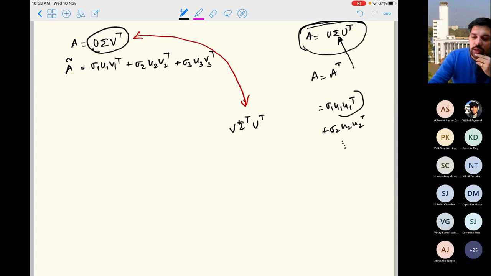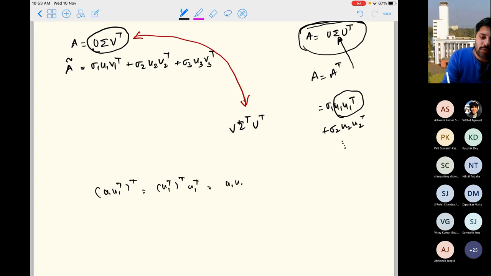So U1 U1 transpose is a matrix of rank 1. This will be a symmetric matrix, because U1 U1 transpose transposed is U1 U1 transpose. So that means that U1 U1 transpose is a symmetric matrix of rank 1.